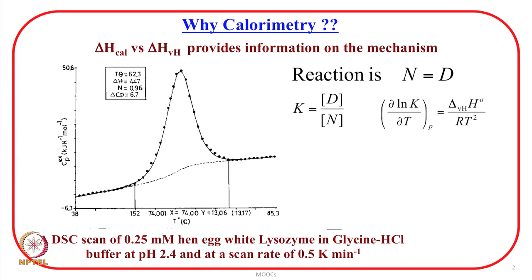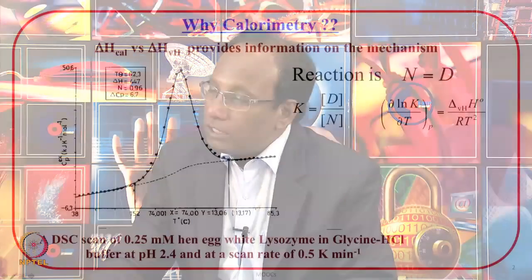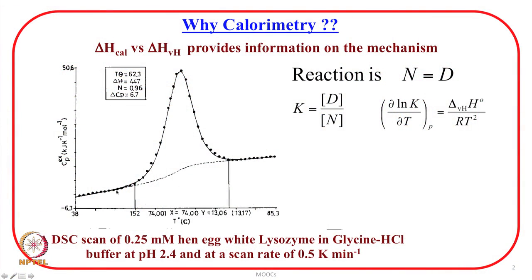Now, what happens is, whenever you want to use differential scanning calorimetry and would like to establish the reversibility of the unfolding transition, what we want is that you heat, please look at the slide, you heat up to 90% completion.